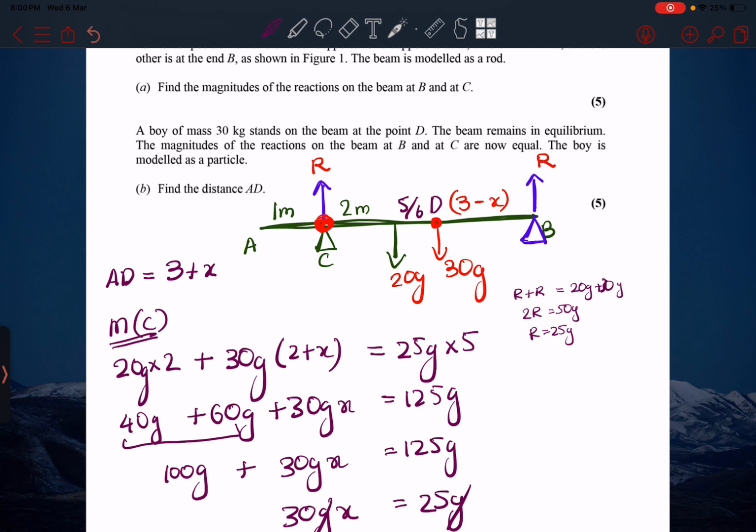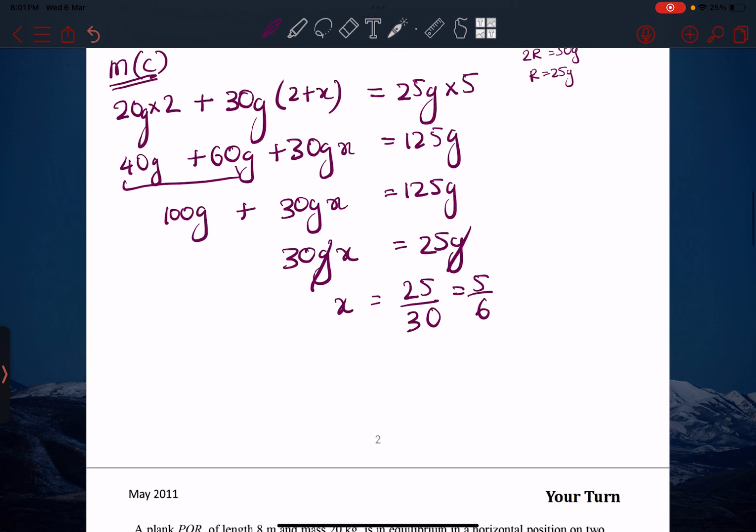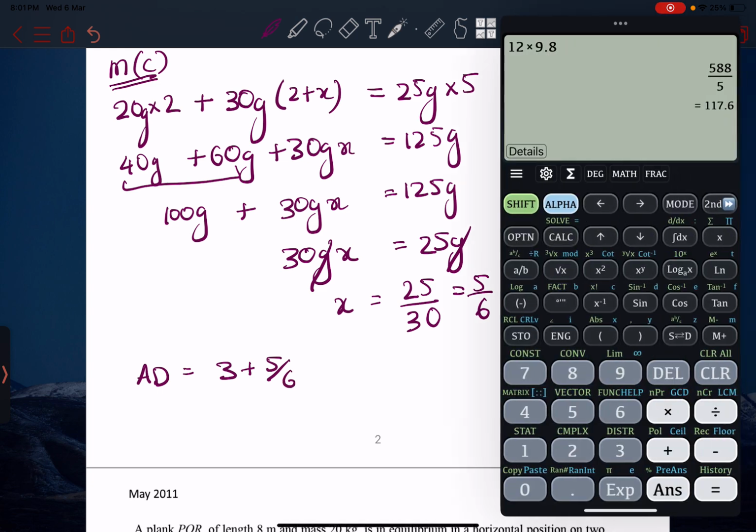We wanted to find the distance AD. So till here, that is 3. Adding the 5 over 6, AD is equal to 3 plus 5 over 6. So 5 over 6 is 0.83.